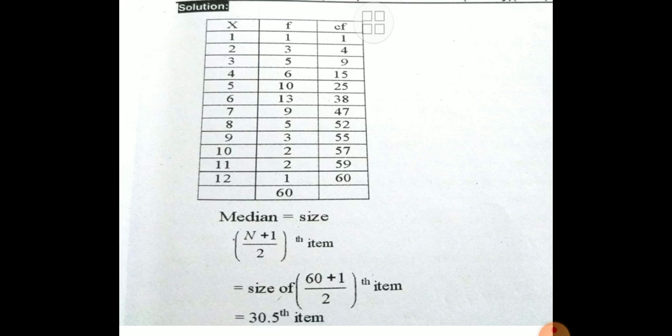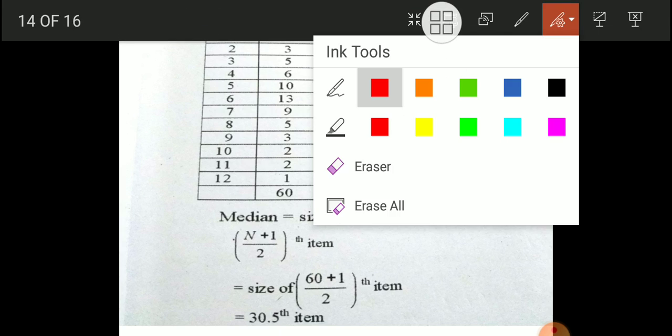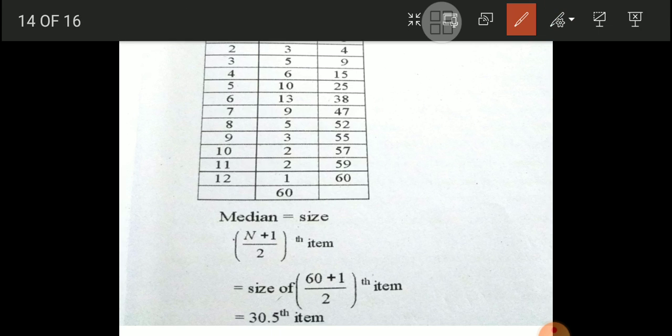How to calculate cumulative frequency? This is the third column that I will give you an idea of here. Suppose 6 is there, isn't it? 15 value is there from the column.